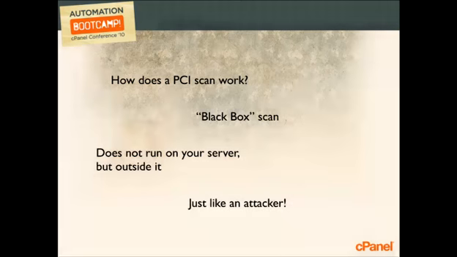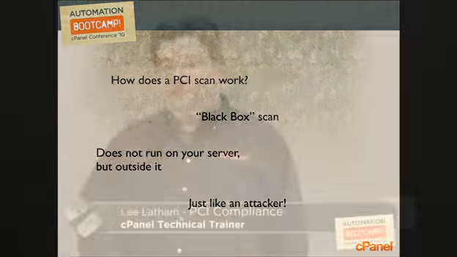So, how does a PCI scan work? It's what we call a black box scan, meaning it's not on the server, but outside of it. All right? Just like an attacker. An attacker scans your server, looks for information on it, and uses that information to potentially exploit your server. So the scan is outside the server, attempts to glean what information it can, and then gives you information about it.